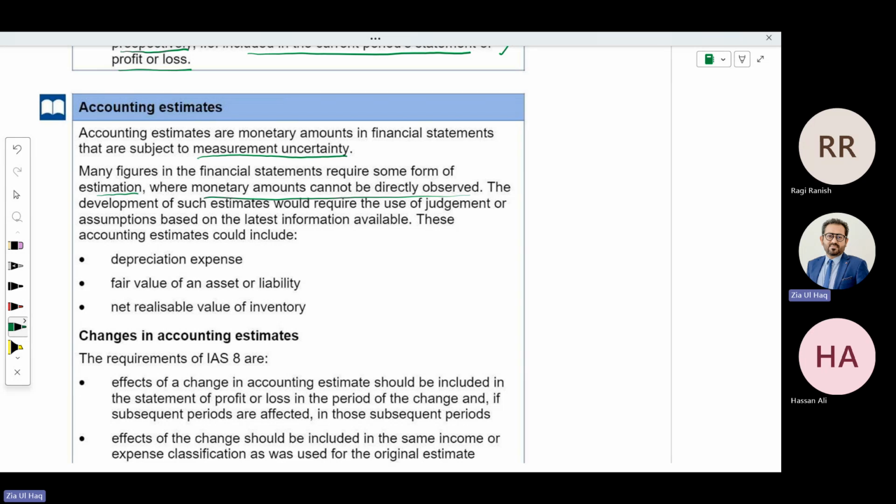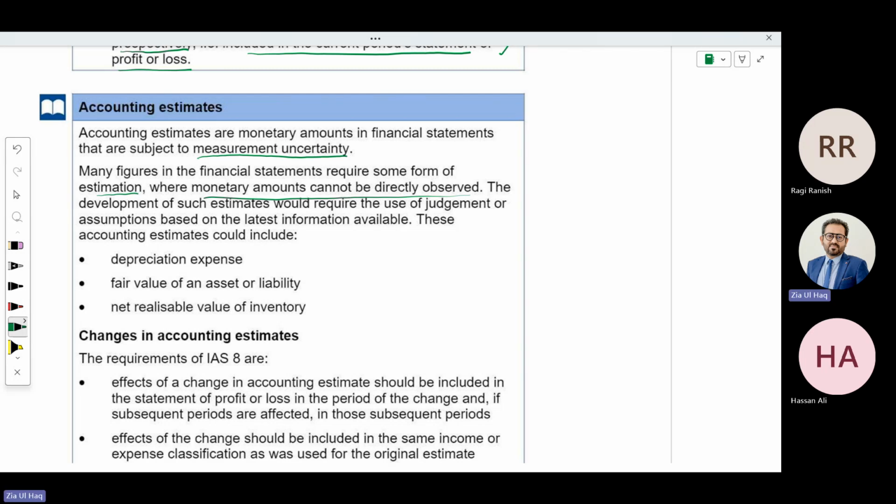Can we estimate the exact, accurate useful life? No. We can just make a guess. We can use this asset for 10 years. We can use this asset for 5 years. That is called estimation.